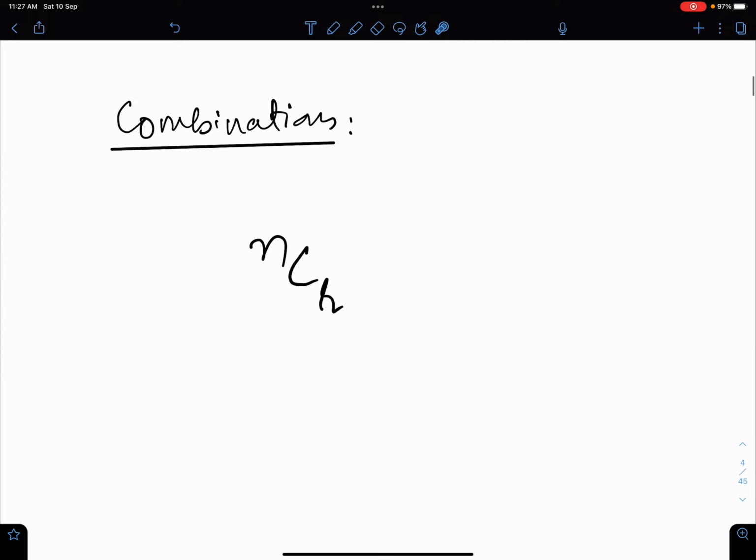The second mathematical operation is combinations. This is known as combinations, where both n and r are positive integers. The value of n starts from 1, but in binomial expansions, usually n starts from 3. So we can say n could be any positive integer from 3.